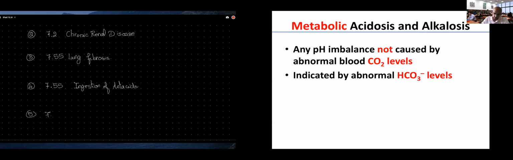Blood pH of 7.25 due to ingestion of large amounts of alcohol. Number 4, ingestion of antacids.